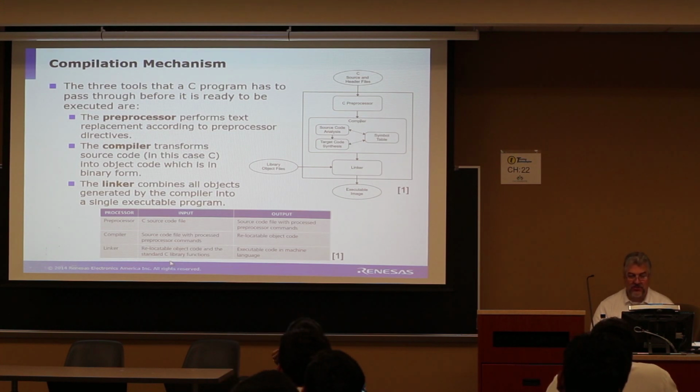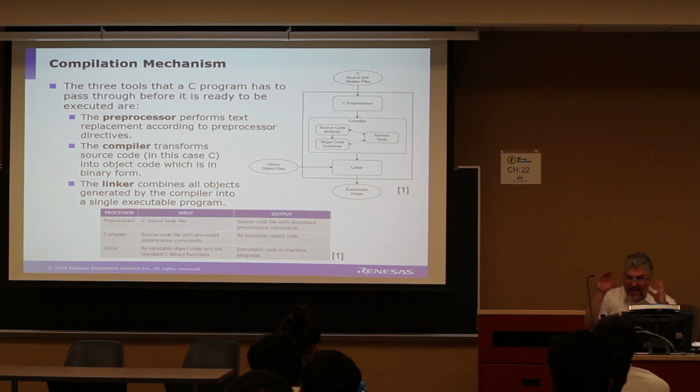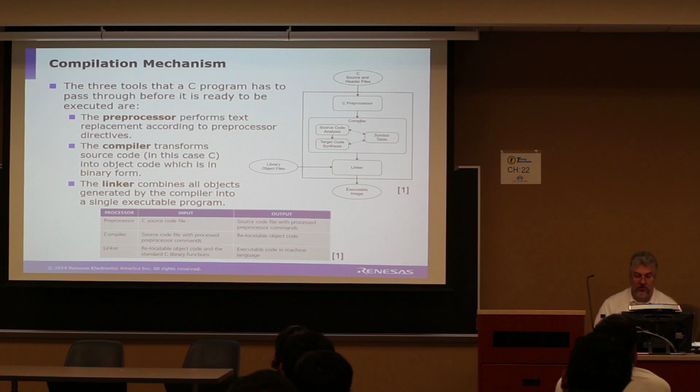And it's at the linker stage where you take that object code and identify exactly what memory location it is going to go in, in the entire large memory map that is available for flash in your Renesas microcontroller, or for that matter, for any microcontroller. It's the same process.